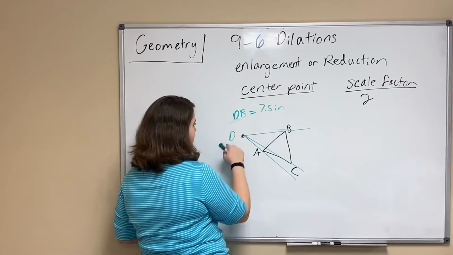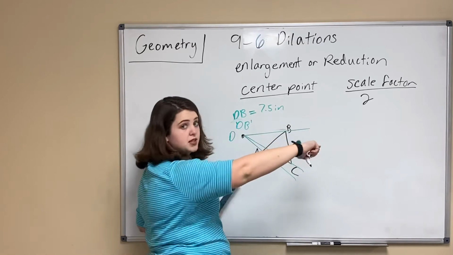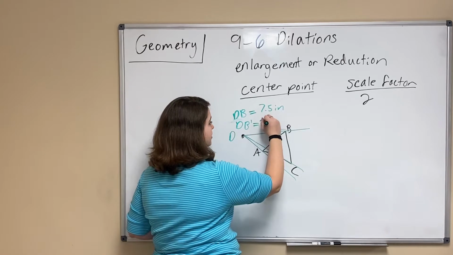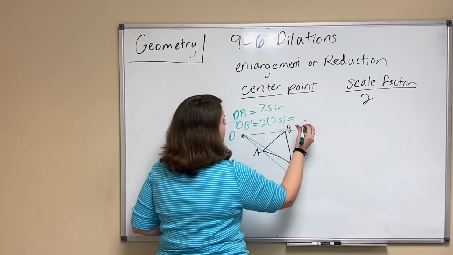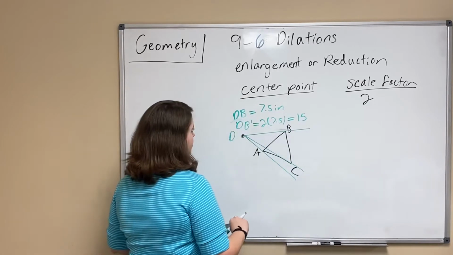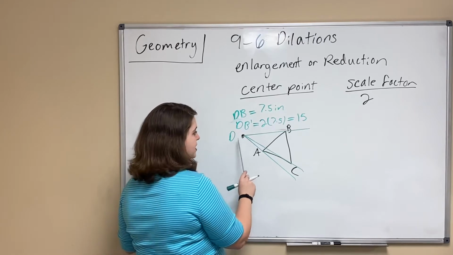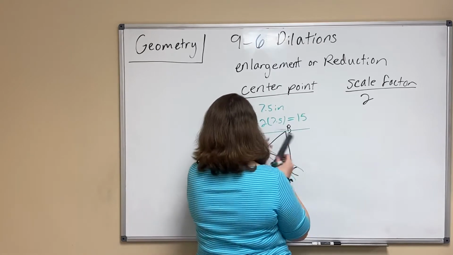So D to B prime, after my scale factor, is going to be 2 times 7.5, which gives us 15. So I'm going to go along my same line 15 inches this time.